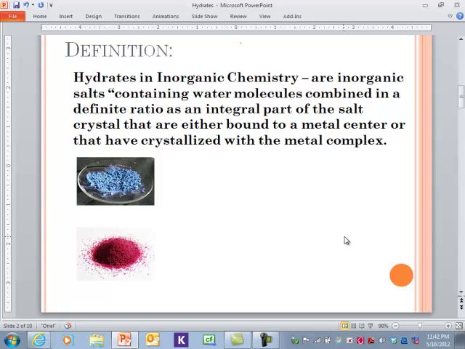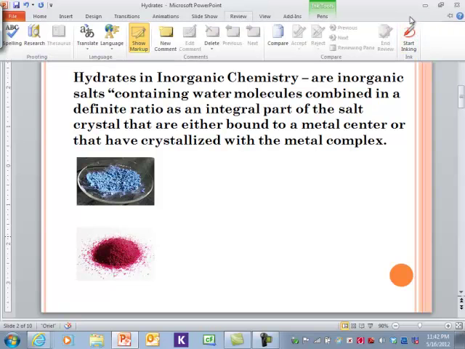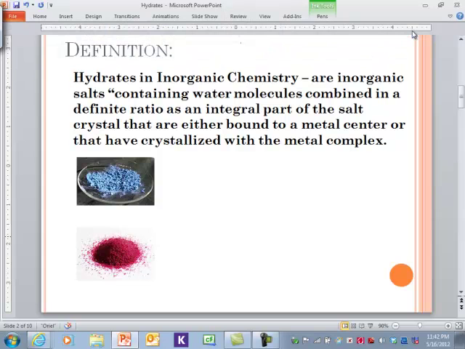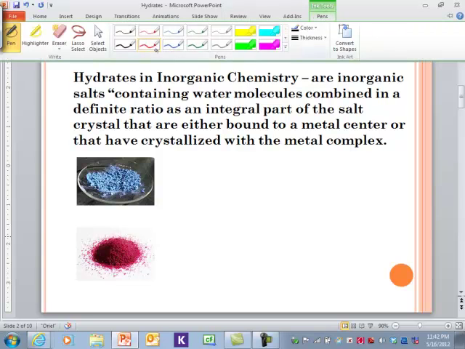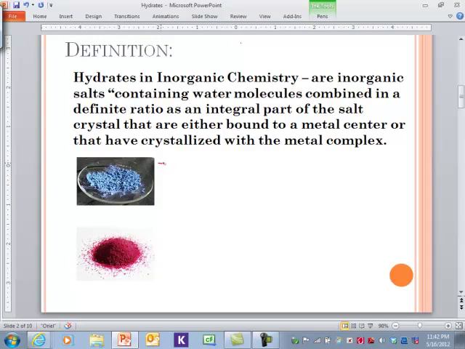One of the examples is shown here, and what is the blue one? This is actually cobalt(II) chloride, and it does not contain any water, and now you have a bluish color.